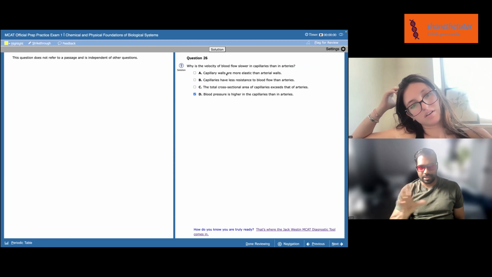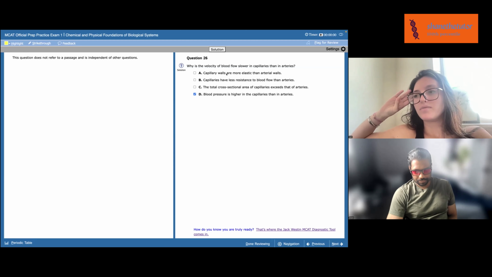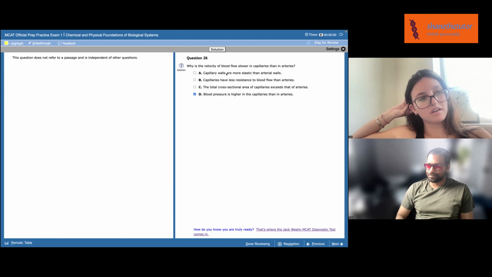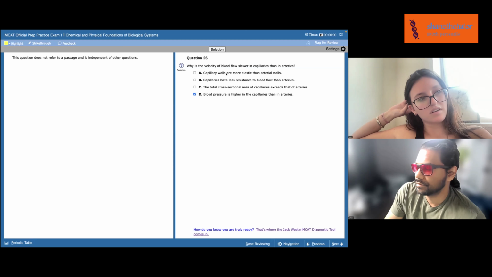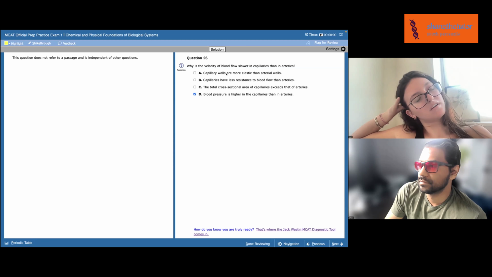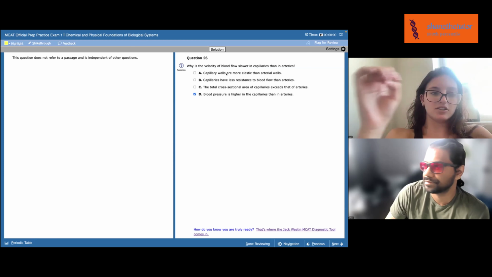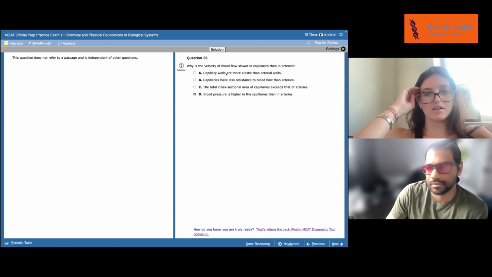So what happens in between there? Capillaries connect them. So once the artery sends it there, it enters the capillary and then goes into the vein and then comes back to the heart.